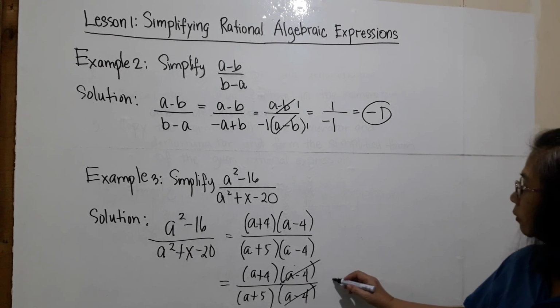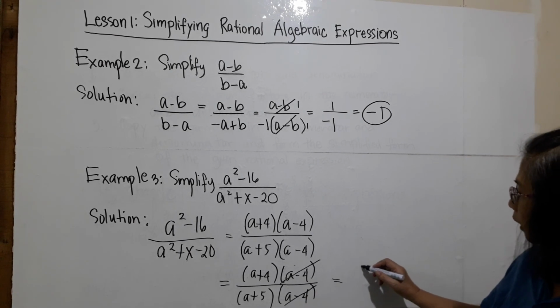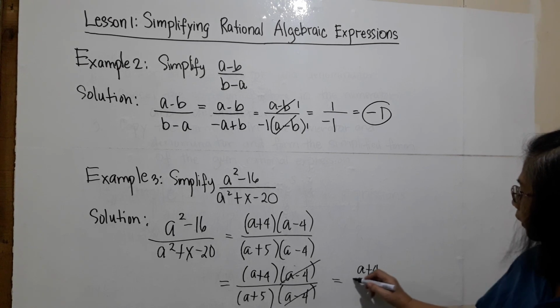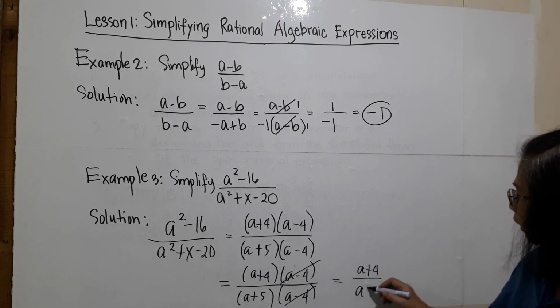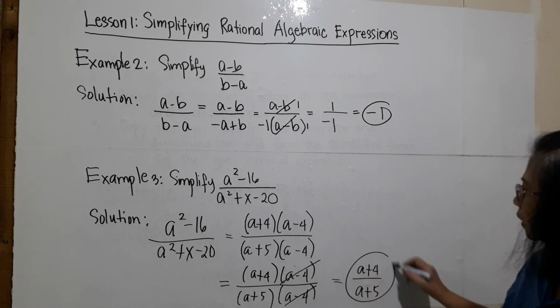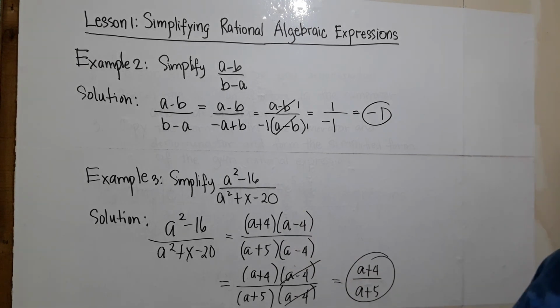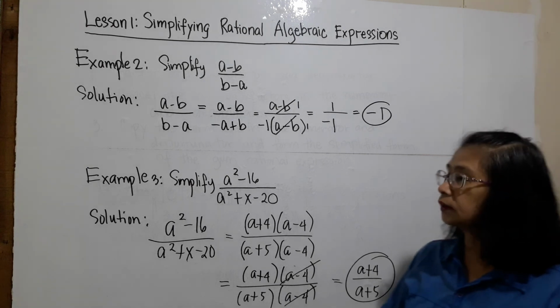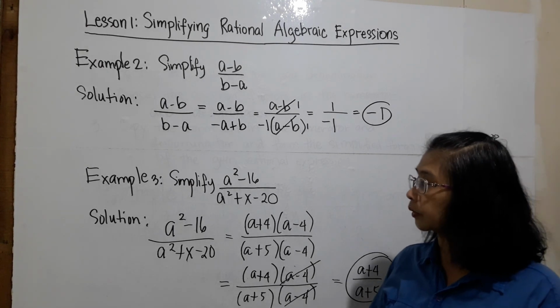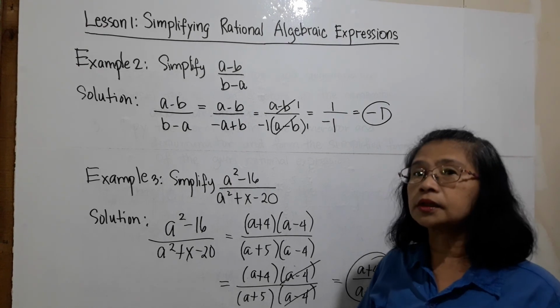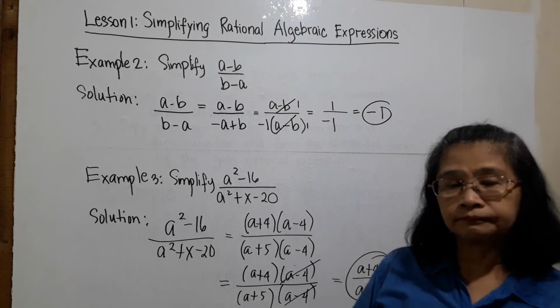So what are the terms left? In the numerator, we have a plus 4. And the denominator, we have a plus 5. This is now the simplified form of the rational expression a squared minus 16 over a squared plus a minus 20. Did you get it?